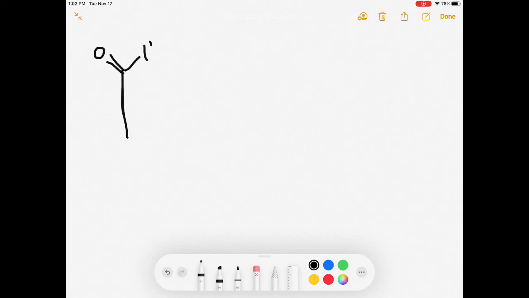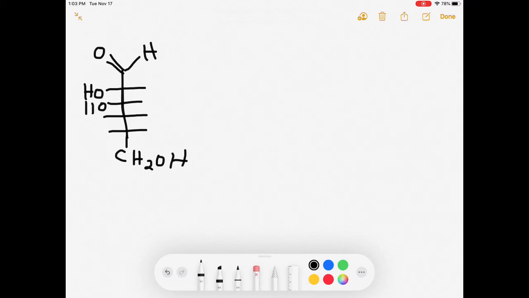So I'm just going to draw what it looks like real quick. And we have 1, 2, 3, 4, 5, 6 carbons. Okay, and we have 3 OHs on the left. And then 1 on the right.